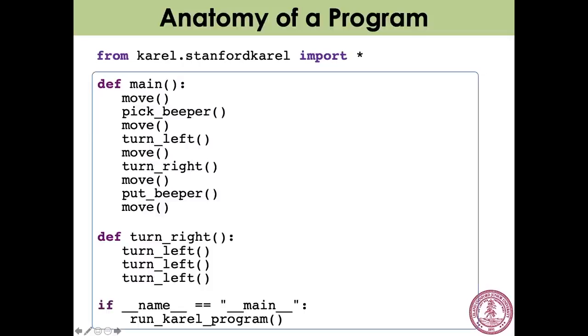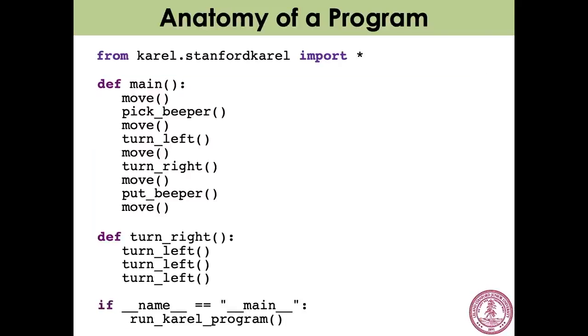So for Karel, you would write something like from karel.stanfordkarel import star, and that brings in everything about Karel into your Python program. This is a complete Python program. It's written in one thing that we call a file. So in one file, you're able to write an entire Python program. Pretty neat. That is your very first Python program.